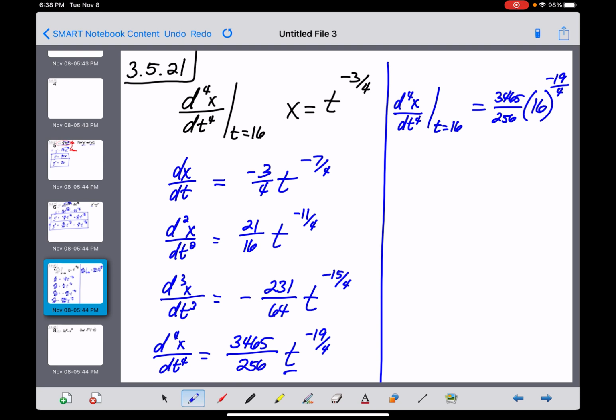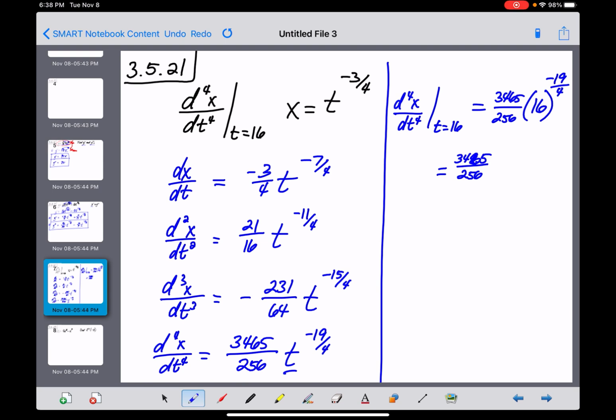That gets pretty skunky. I don't think I'm going to be able to do much here without a calculator, so I'm not going to spend too much time trying. I do just notice one thing here, and I'm kind of wondering if this opens up any doors. 3465 over 256, and now 16 to the negative 19/4 power.